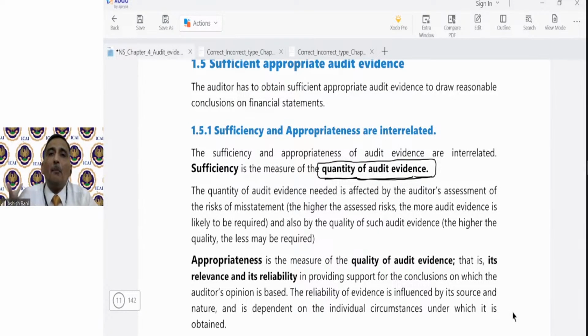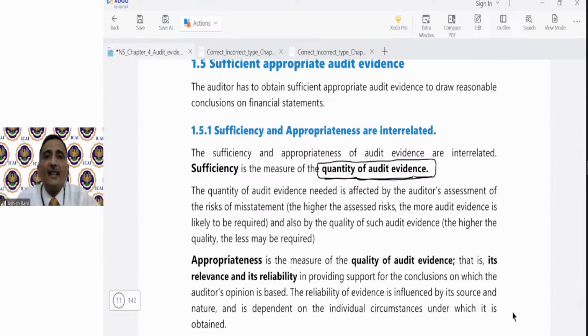It is again dependent upon the auditor's assessment of risk. If the auditor has assessed risk to be high, obviously he would need more evidence. If he has assessed risk to be low, then he would need lesser audit evidence. His area of checking would be narrowed, decreased.